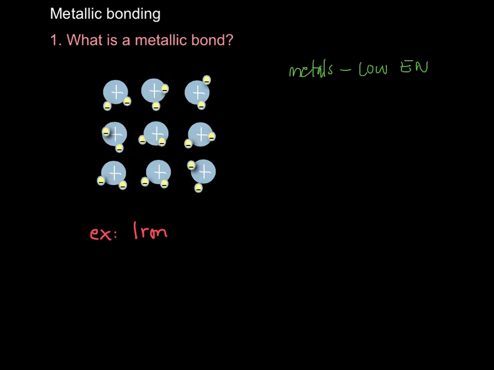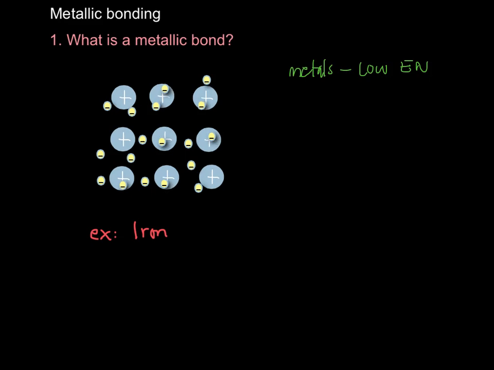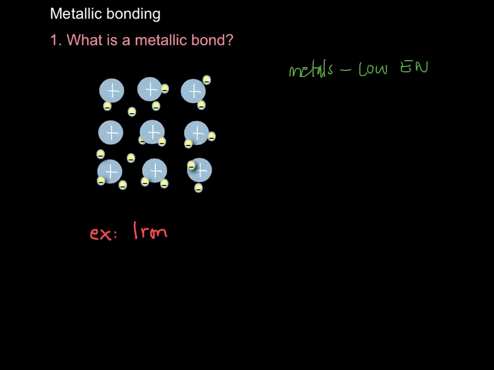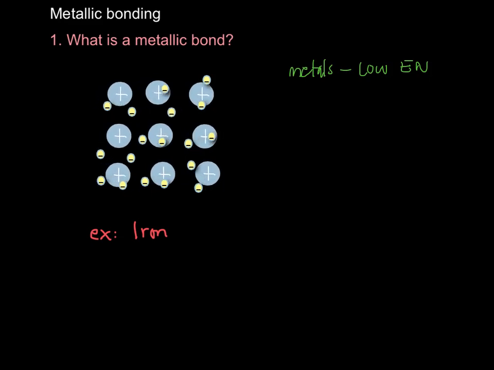The plus signs represent the nuclei, along with the electrons attached to them. Since iron's a metal with low electronegativity, it doesn't like to hold on to its valence electrons, so those valence electrons get dumped into the spaces in between the atoms, or rather in between the now ions.